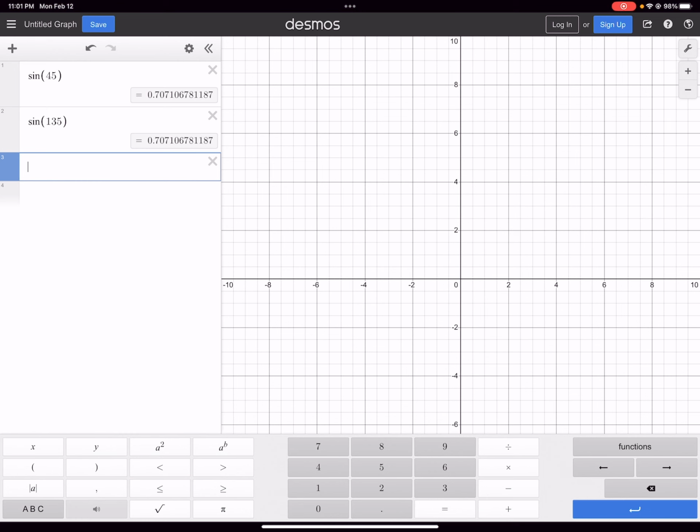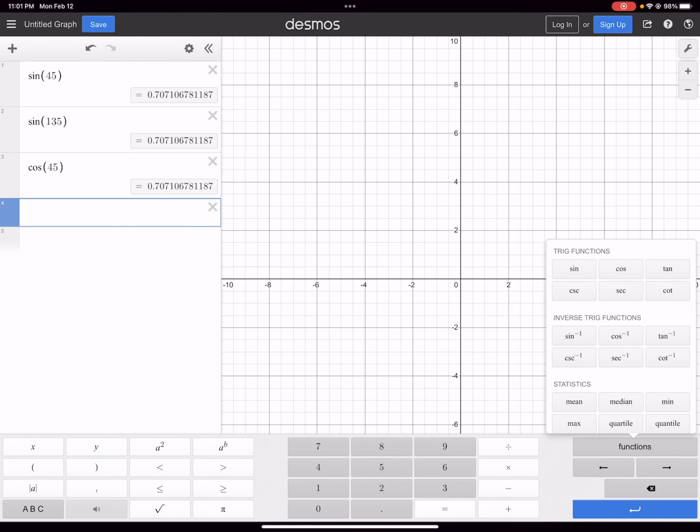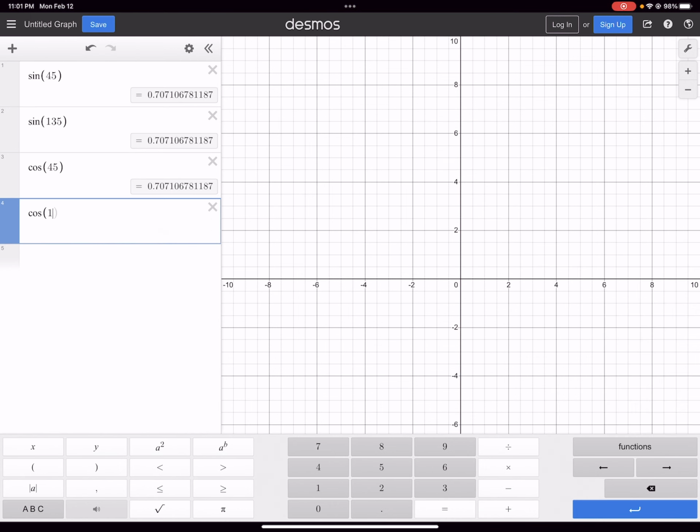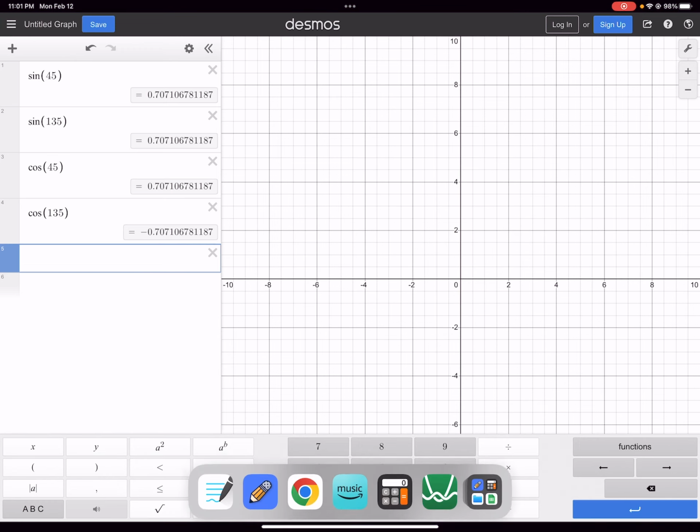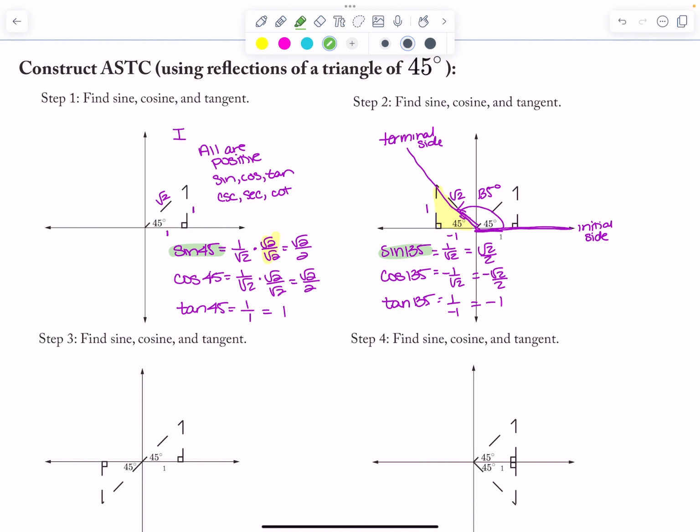So if I do cosine of 45 degrees, you get the same value, but when I do the cosine of 135 degrees, you notice that it's negative. So that's just kind of proving using Desmos and the calculator how you can compute these things and get those values that we just calculated.